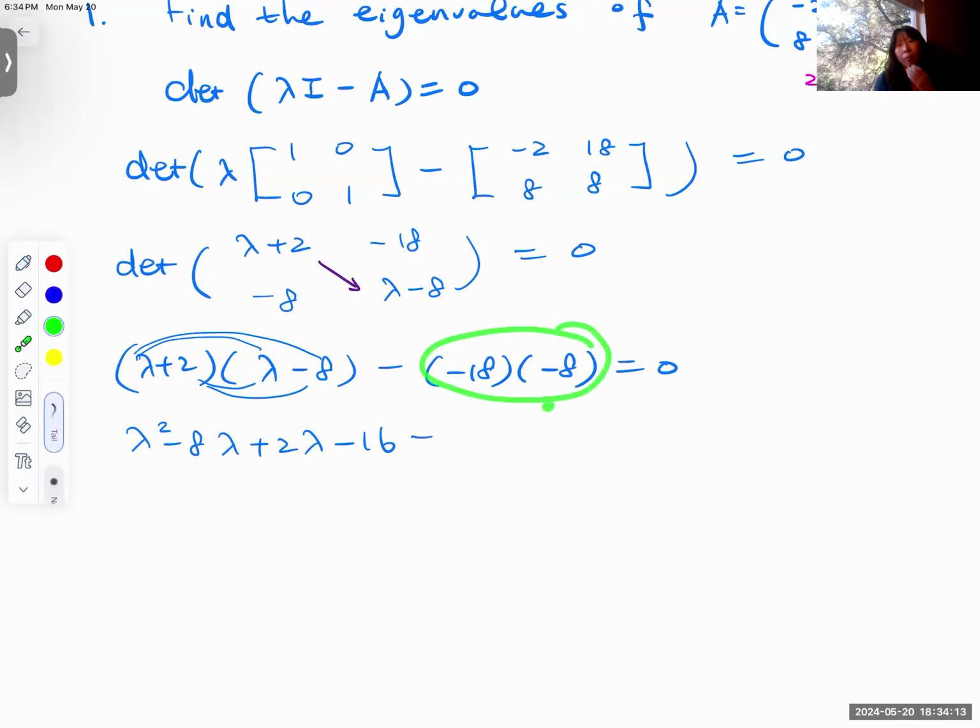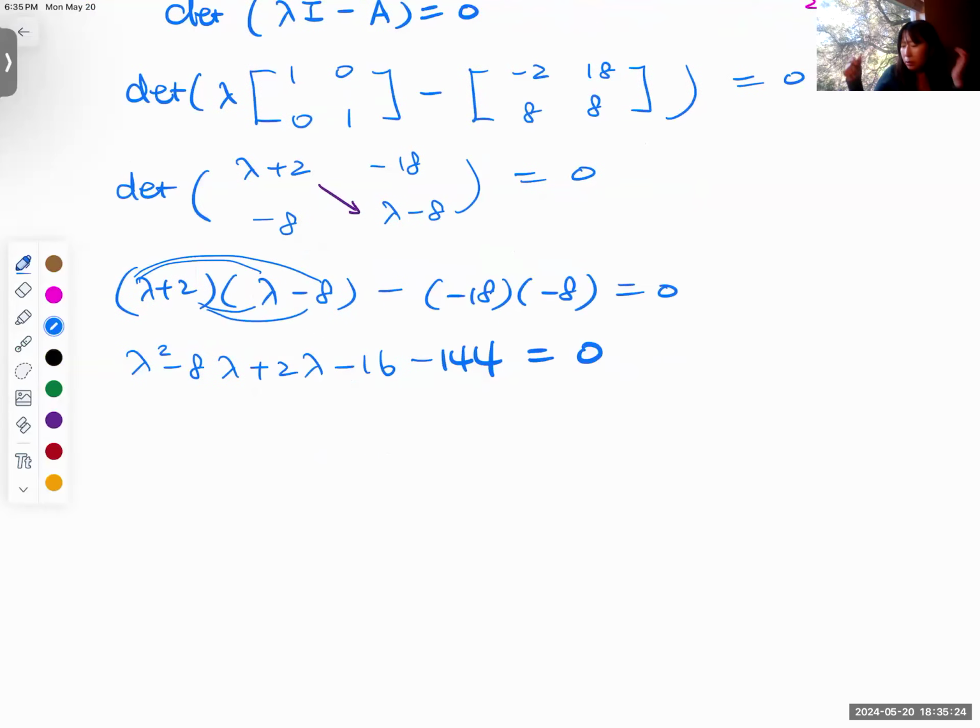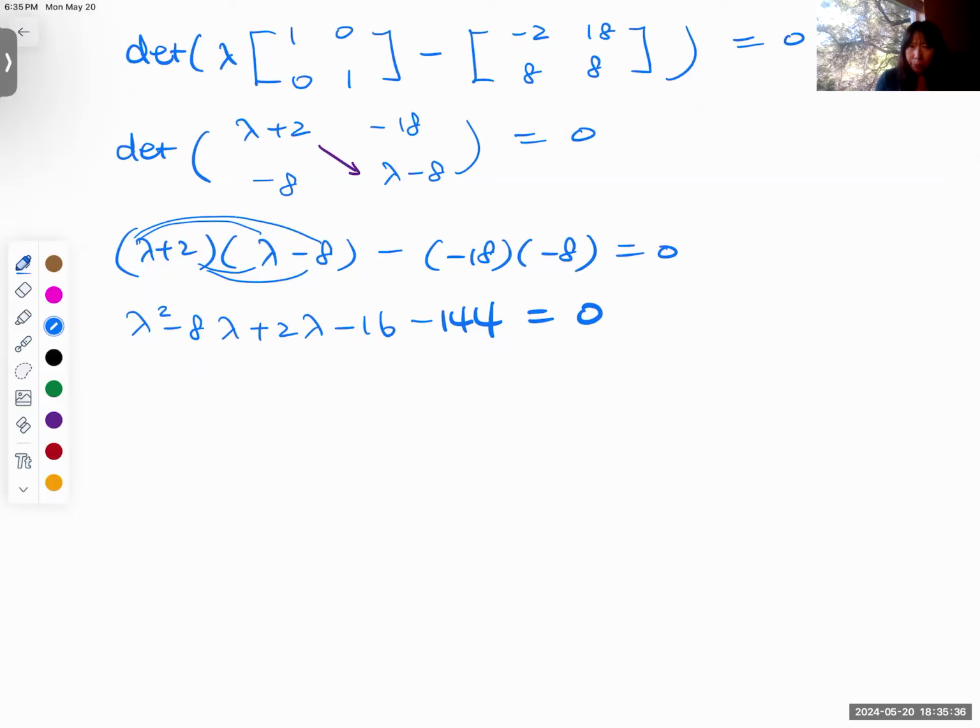So we have 144. Can you please calculate -16 minus 144? -160.